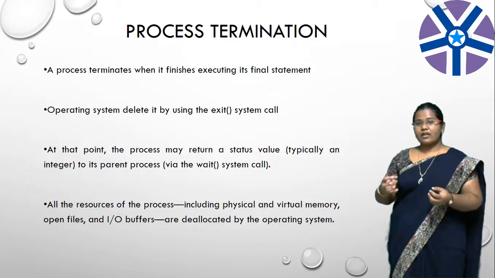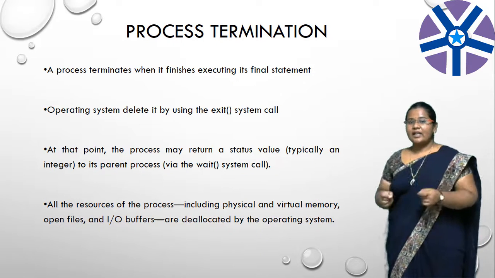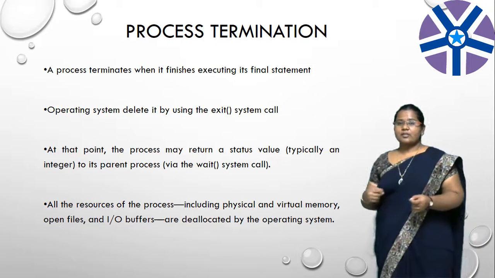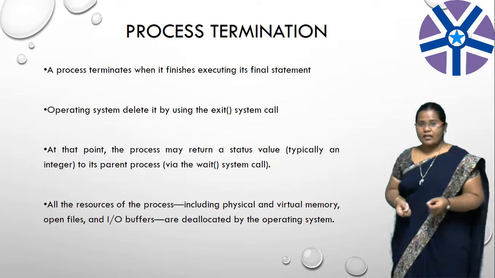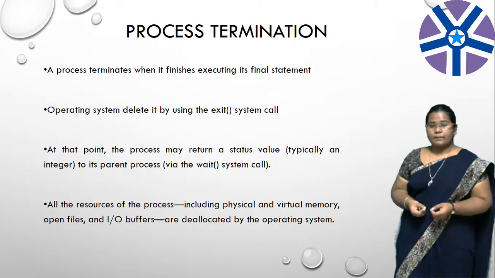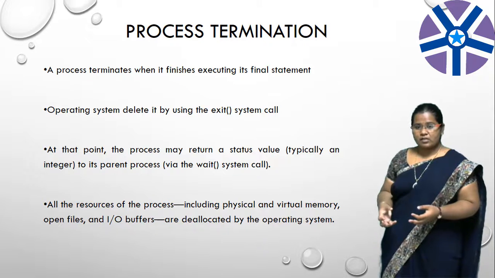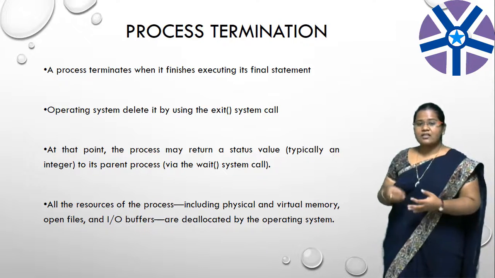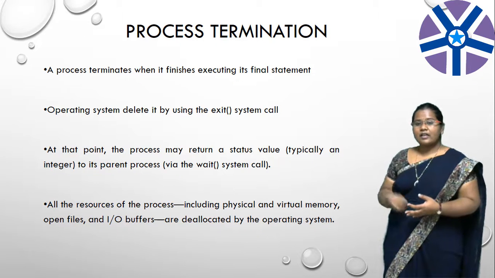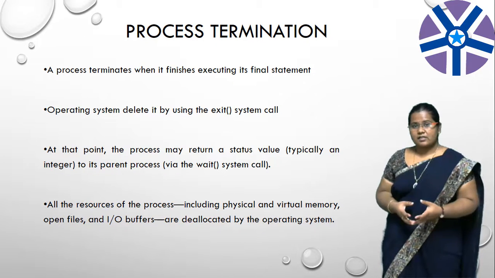Whenever you terminate a child process, the child process status is returned to the parent through the wait system call. All the resources of that terminating child process, including the memory, files, and IO devices, are deallocated by the operating system.